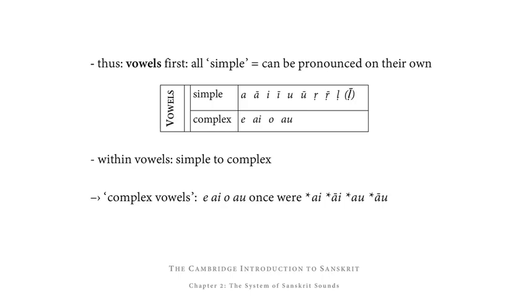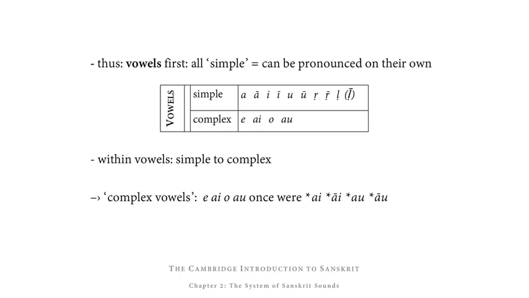Therefore Sanskrit, just like English, would usually cite these consonants in combination with a vowel. So in Sanskrit, it would be ka, ta, pa. So vowels are considered simpler than consonants because they're more easily pronounceable on their own.